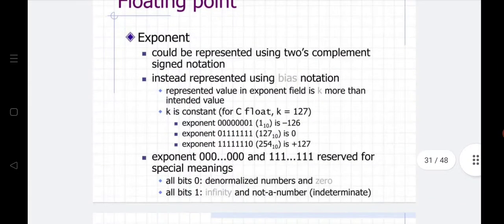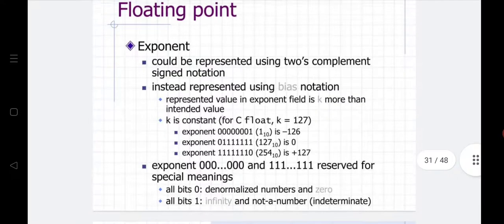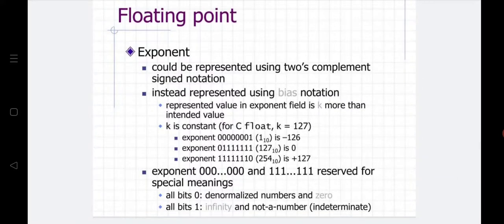Next, what happens to my exponent? In the floating point, the next part after the sign bit is the exponent. This exponent could be represented using the 2's complement notation, but instead it is represented using bias notation.